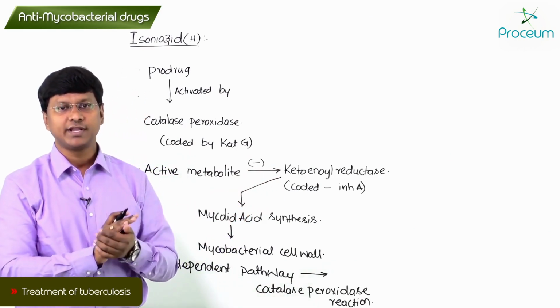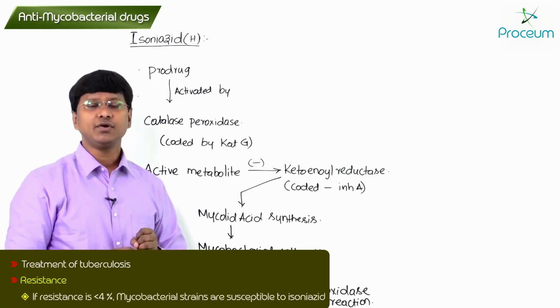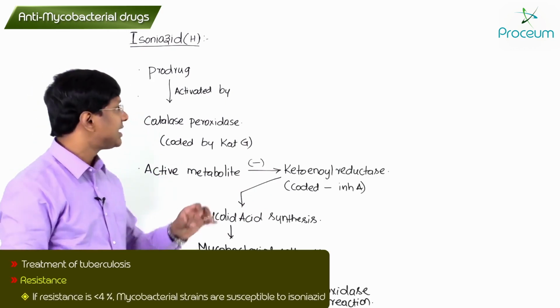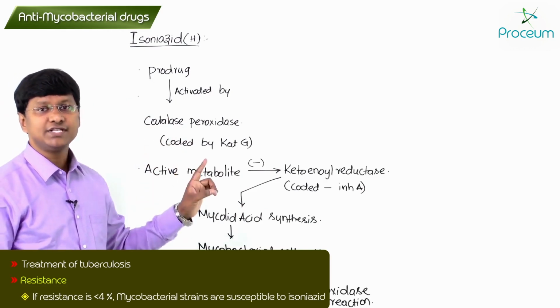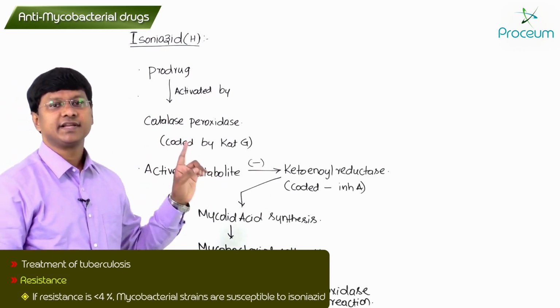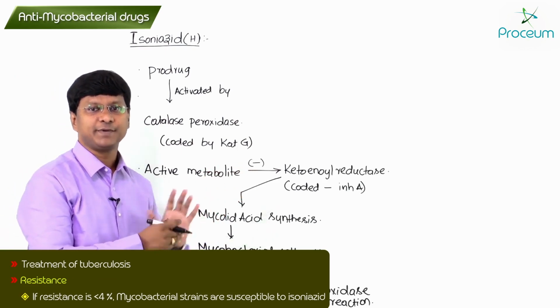Now a point I want to tell you here is that mycobacterial strains are assumed to be susceptible to isoniazid if the resistance is less than 4%.